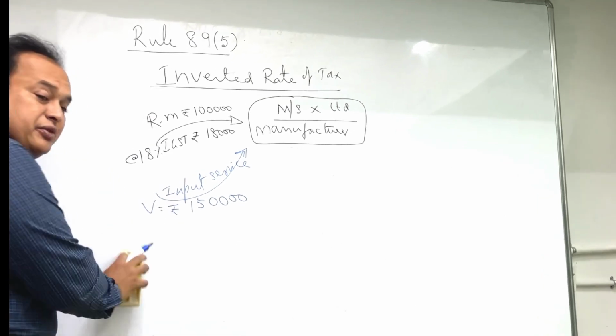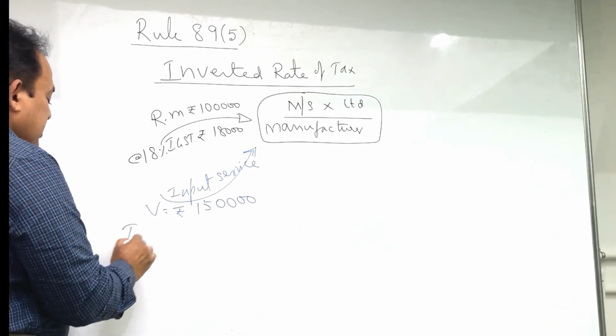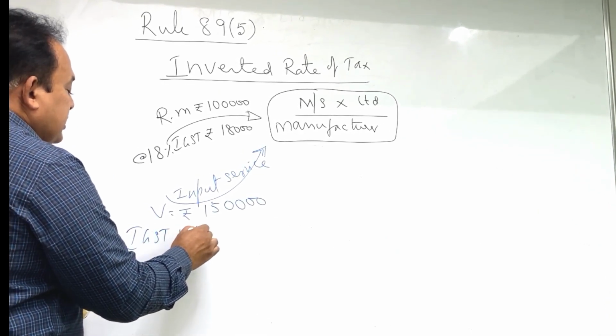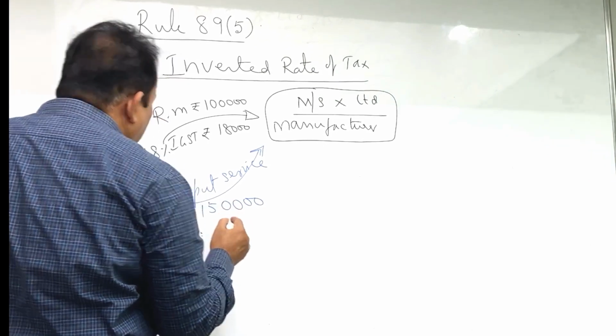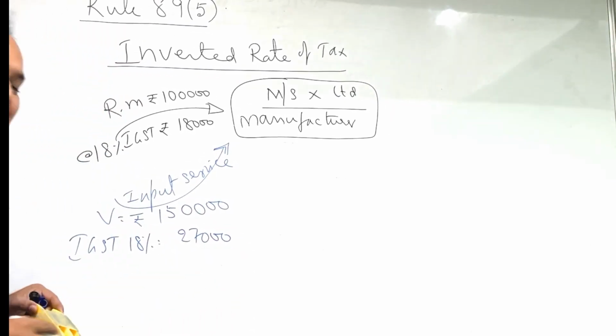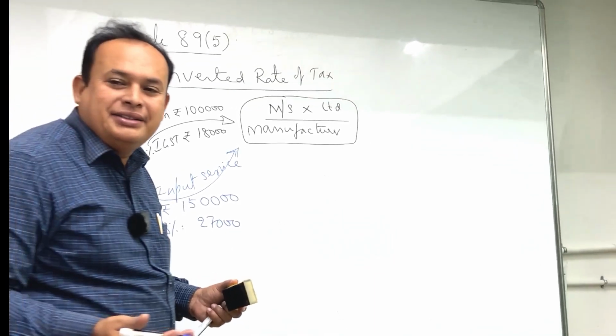Assume the IGST for the given case is, let us say, 18%, which is how much will come? 27,000. Correct? Obviously, I am right or not?